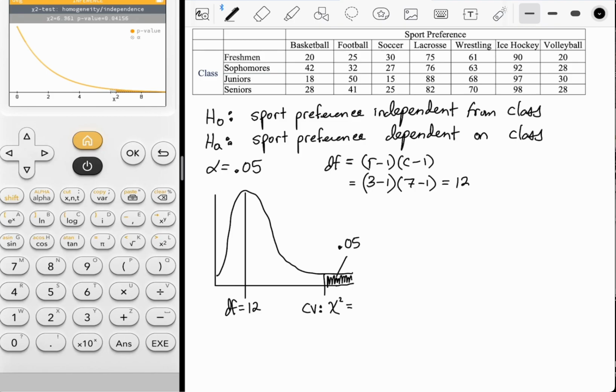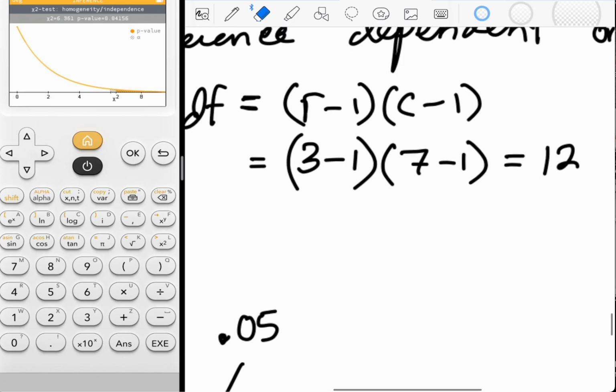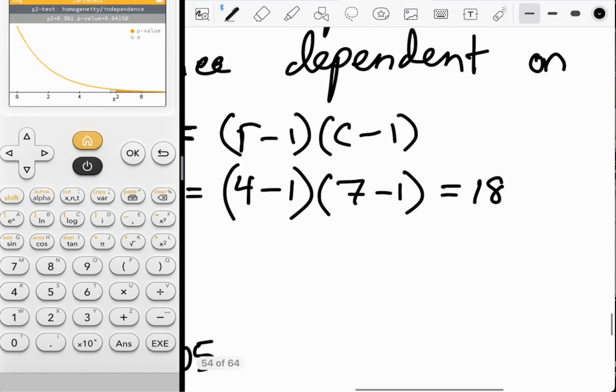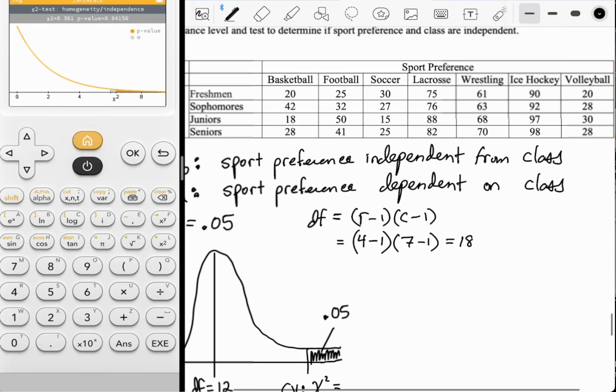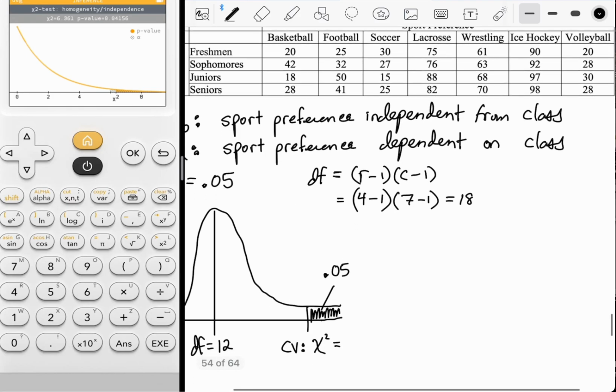Oh, yeah, you're right. I put the answer in the question. I don't know why I do that. Like a mental block. 18 degrees of freedom. Oh, change it down here too.